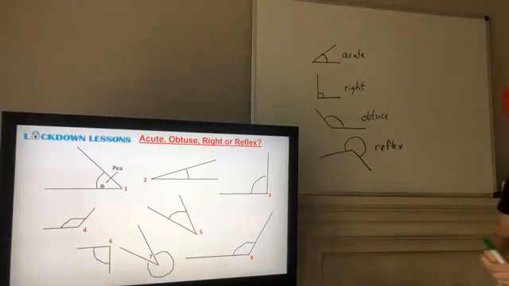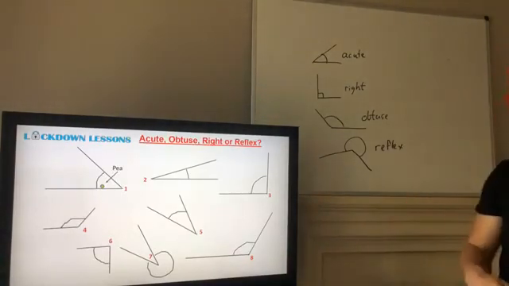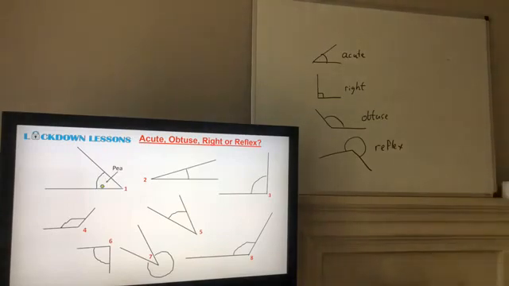Okay, so those ones there, acute, obtuse, reflex angles for each one.